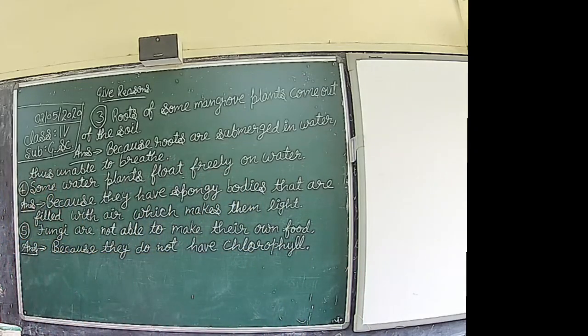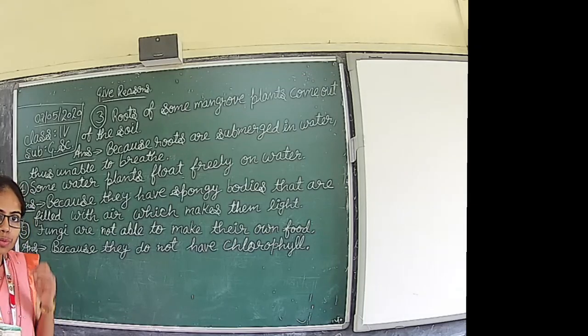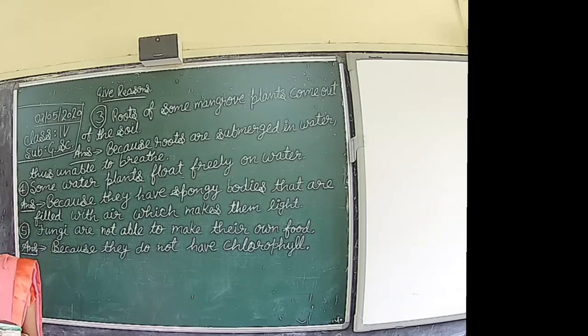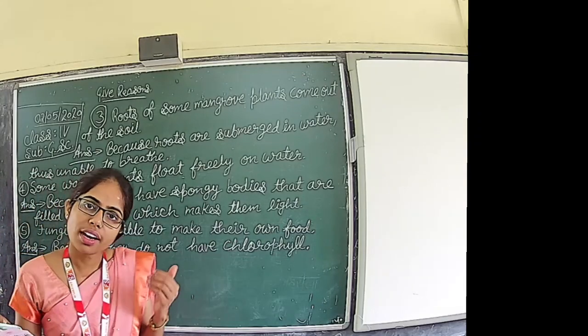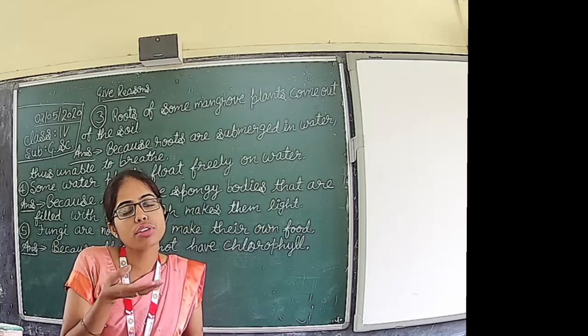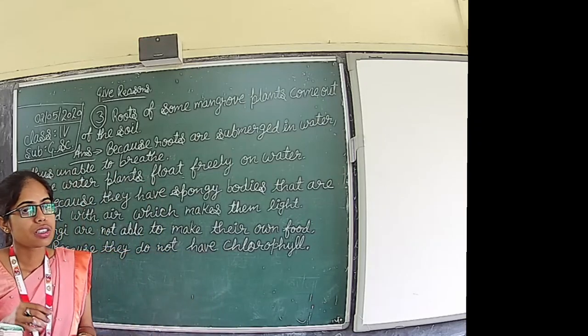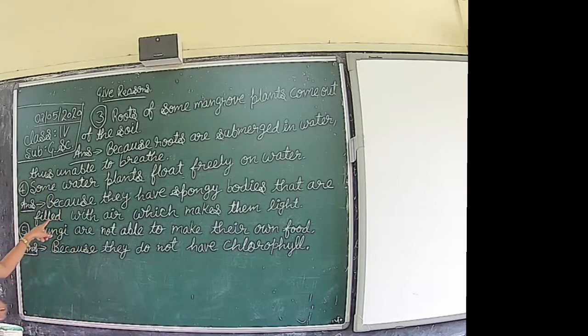Because they have spongy bodies that are filled with air, which makes them light, and as their weight is light, they are able to float over the surface of water. Is this answer clear?